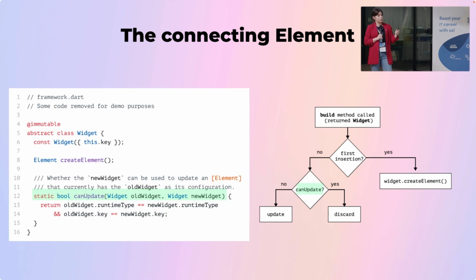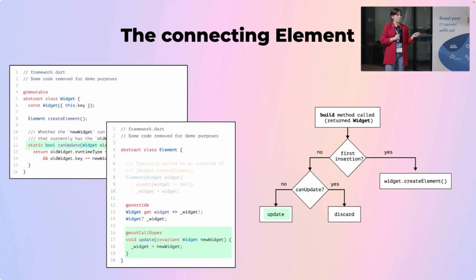Then the widgets that get inserted get the canUpdate method called, and let's say that it returns true, we can update. Then the update method of the element is called, and the only thing that it does in here is that it assigns the new widget that got passed to it to that previous widget field.